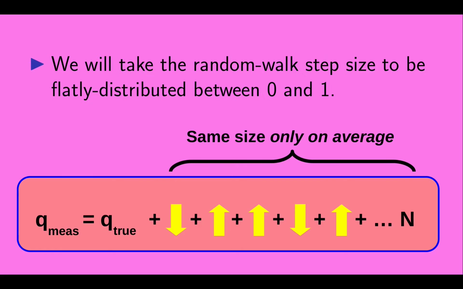We will take the random walk step size to be flatly distributed between 0 and 1. This means, for example, that the probability that the step size is between 0.2 and 0.3 is the same as the probability that it is between 0.3 and 0.4.